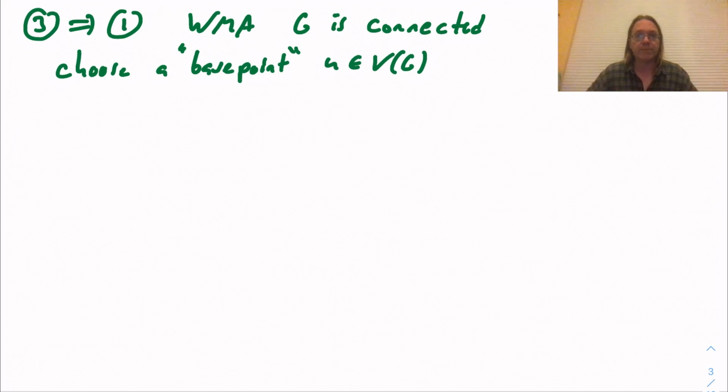So we're going to choose a base point, vertex u, and now I'm going to try to use this vertex u to classify the other vertices. Now, suppose I have some other vertex v out here. Well, you can walk from u to v, because I have a connected graph.